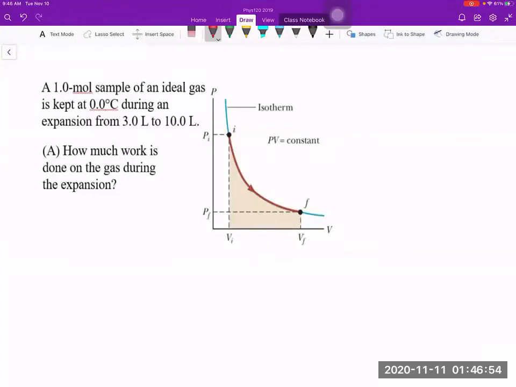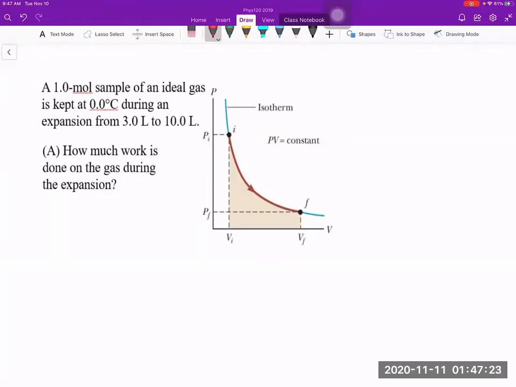If it's not an ideal gas, you cannot use that equation to get the equation of the work done by the gas, as we showed you a moment ago. So, ideal gas. That's nice, because we already have the equation, and we kept it at 0 degrees Celsius during an expansion from 3 liters to 10 liters.